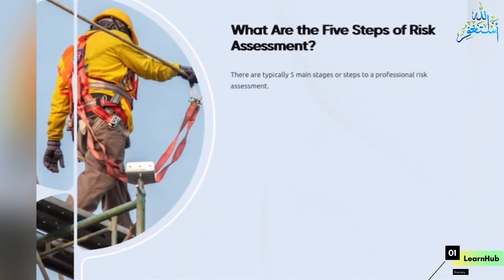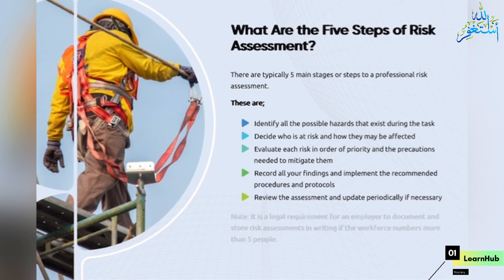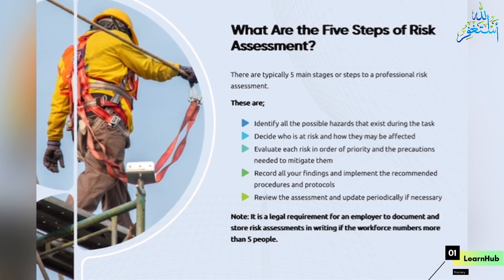What are the 5 steps of risk assessment? There are basically 5 main stages or steps to a professional risk assessment. These are: identify all the possible hazards that exist during the task.